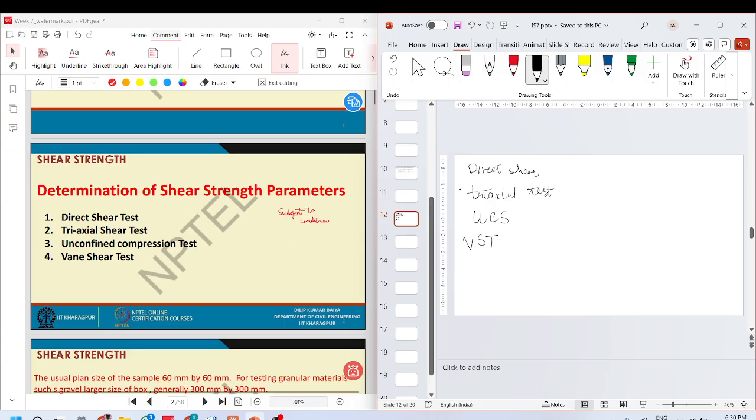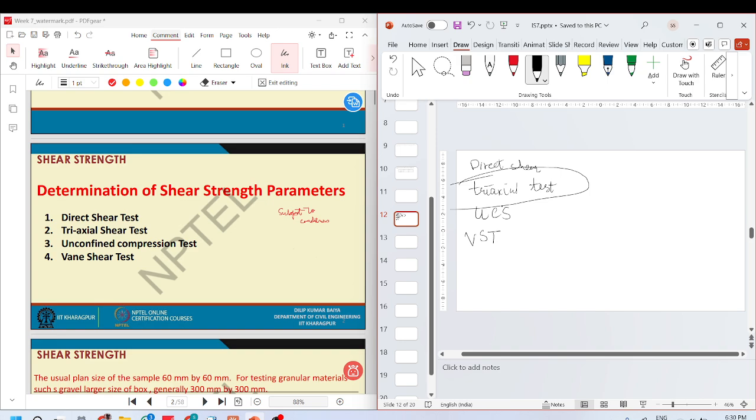Among these, the triaxial is the most important test for the soil. We can't say it gives the exact true behavior, but it is more accurate than all of these because there are some constraints that we put on the soil in these kinds of tests.